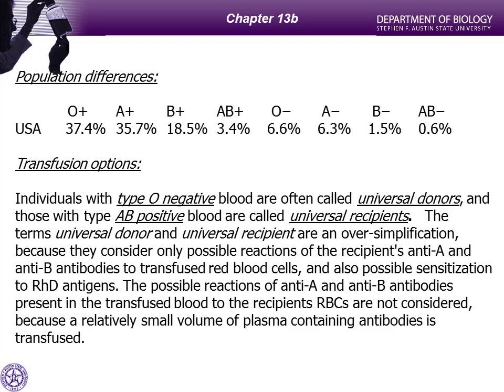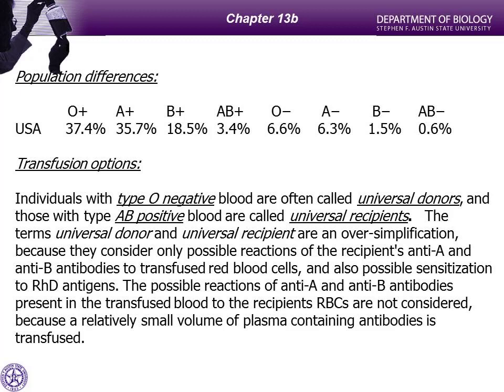You can give blood to A, B, and O, as long as it's positive. So you're semi-universal. But you can only have blood from O positive or O negative people, because everybody else is going to have the A or the B antigen your antibodies aren't going to like.